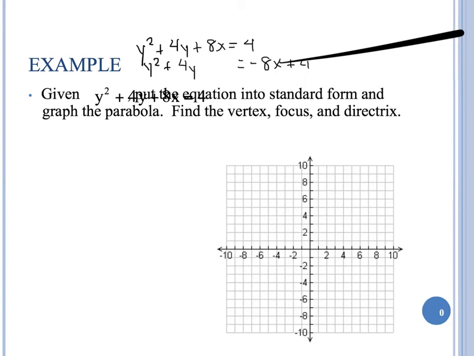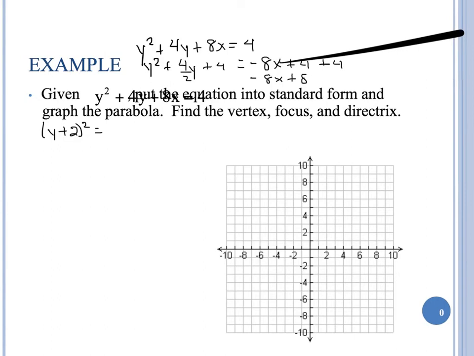If I complete the square on the y's, I'm going to divide by 2. It gives me 2 squared. 2 squared is 4. Okay, so let me bring down my work. So that would be y plus 2 squared equals, and now on the other side I added 4, so I need to add 4 over there, so that's negative 8x plus 8.